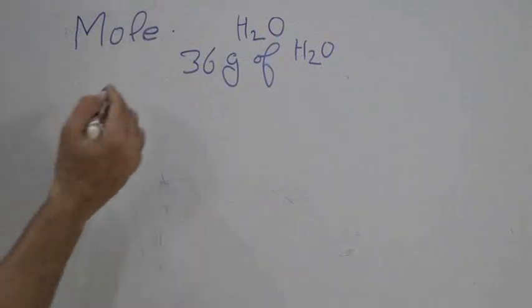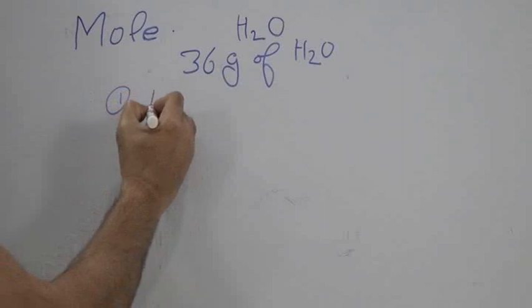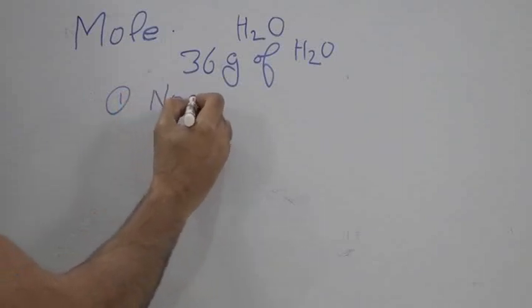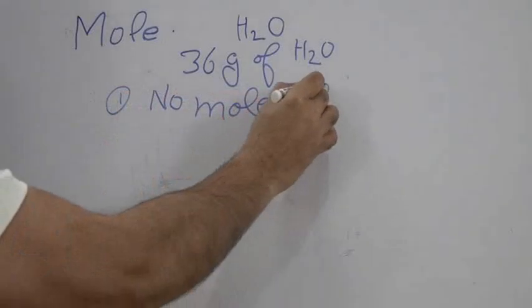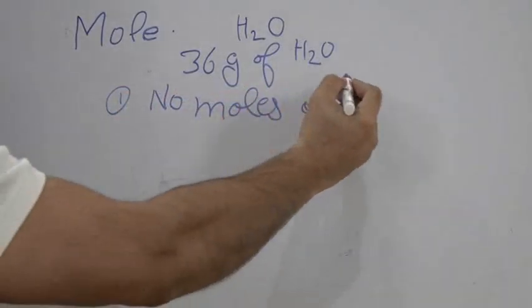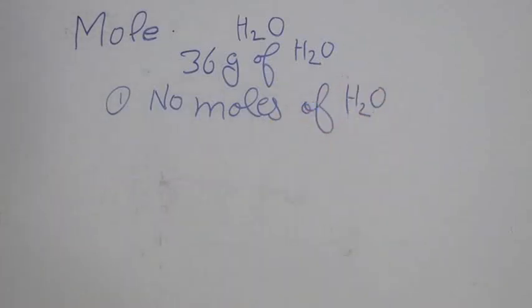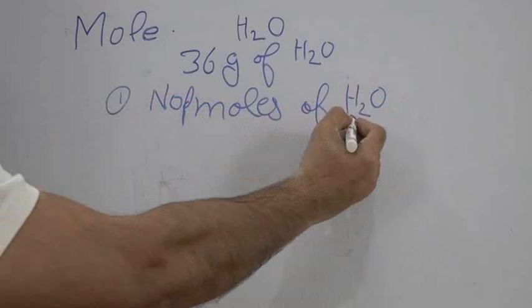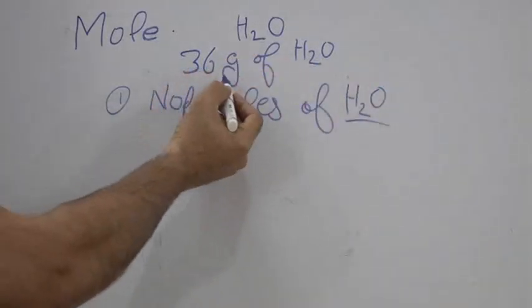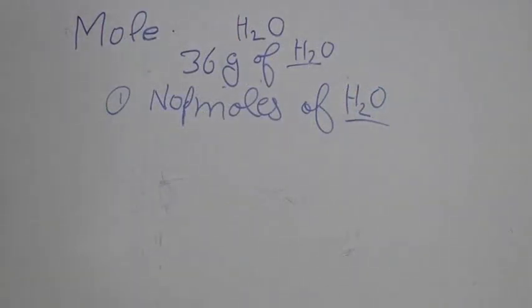Number one, what I have to find? The number of moles of H2O molecules we have to find out in 36 gram of H2O.